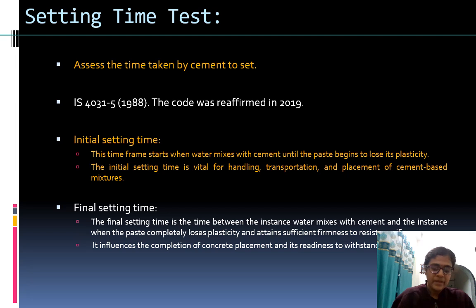Final setting time is the total time within which my whole construction work should be over, okay, because after that the concrete is already gaining strength and it is becoming stiff. So before that all the placements will happen. So this is one very important parameter.